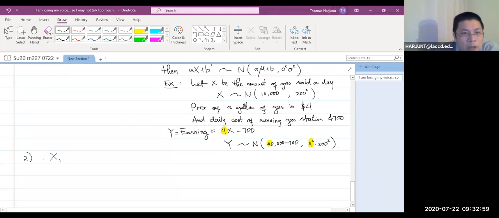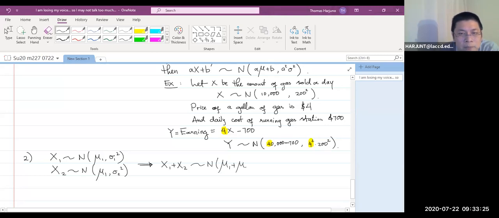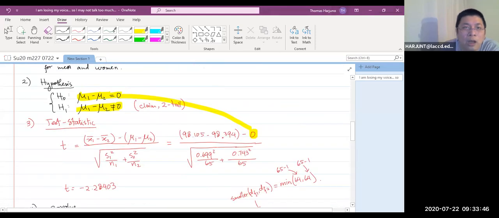Okay, if x1 is normally distributed with mean mu1 and sigma 1 squared for the variance, and x2 is normally distributed with mean mu2 and sigma 2 squared, then when you add them, it will be normally distributed with mean the sum and variance the sum. Okay.